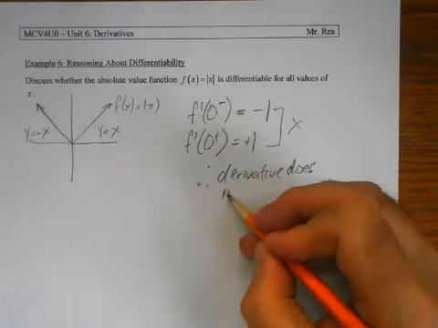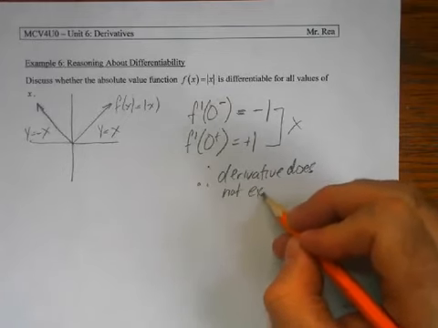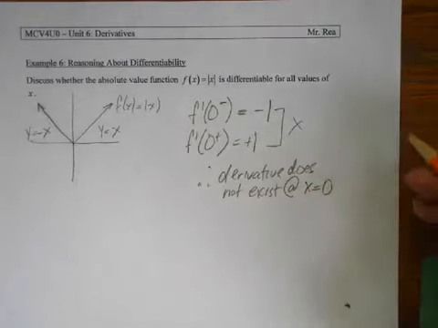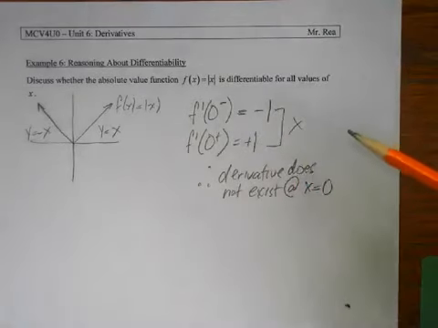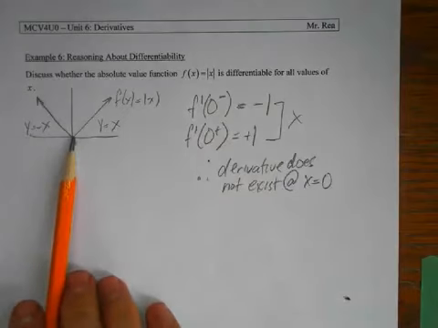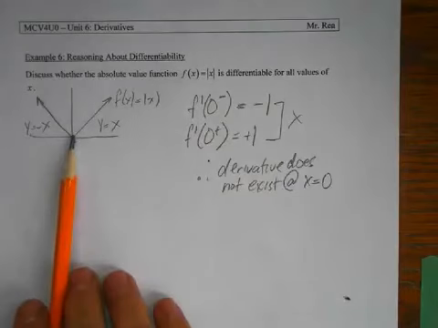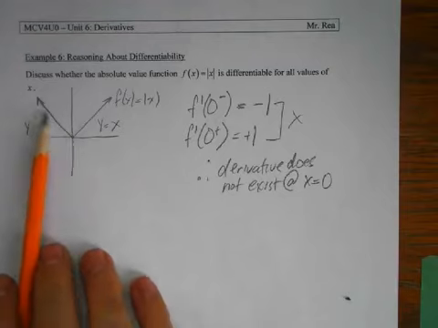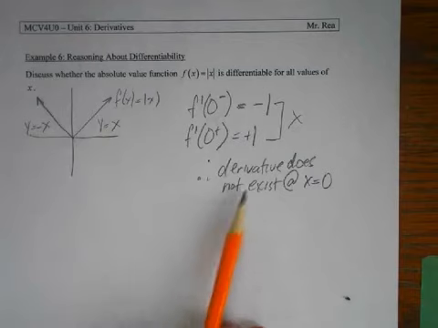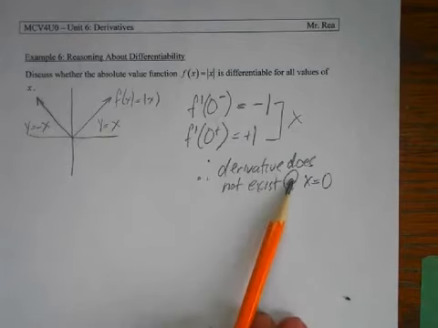Now, that doesn't mean the derivative does not exist at any other points. In fact, this is the only point of f where the derivative does not exist. Every other value of x, the derivative does exist. Okay, so it's a very unique point. The only value of x where the derivative does not exist, but it does exist everywhere else.